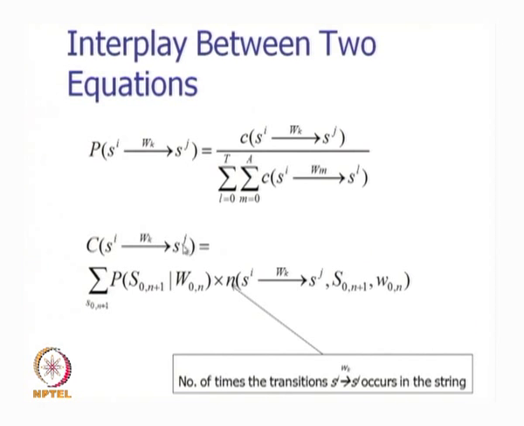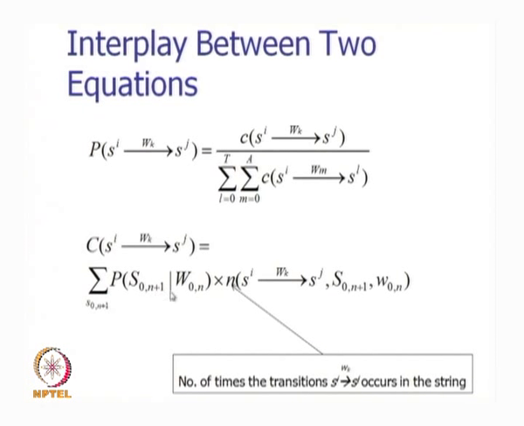C of S i W k S j, the count of this pattern, is obtained by finding the number of these patterns in the context of the state sequence 0 to n plus 1 and the observation sequence 0 to n. This is the context in which we are seeing this pattern, and this is the number.